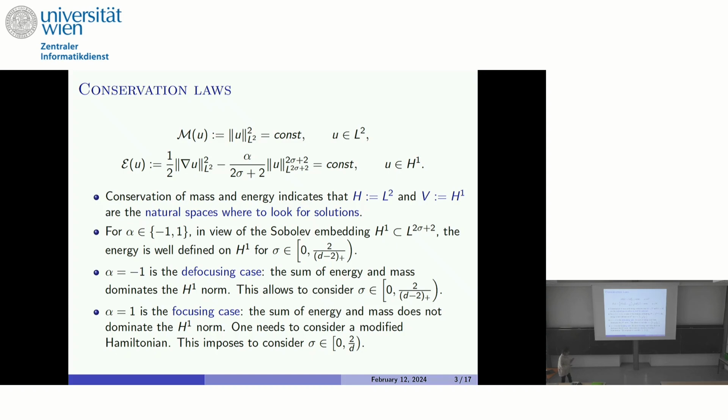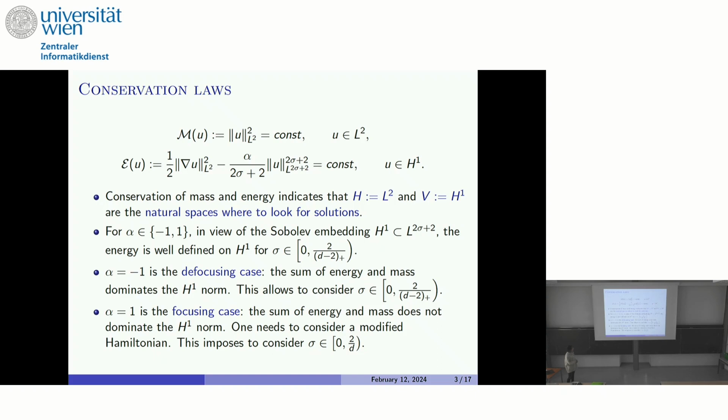And somehow the fact that you have conservation of mass and energy in the L2 space and H1 space tells you that these are the good spaces where you want to look for the solution, and when we will deal with the stochastic case also for the support of the noise. So you see that you have to give sense to this term here that appears in the energy.